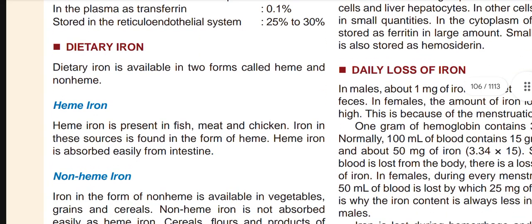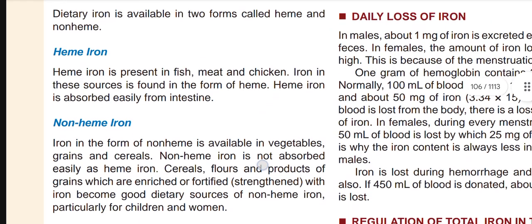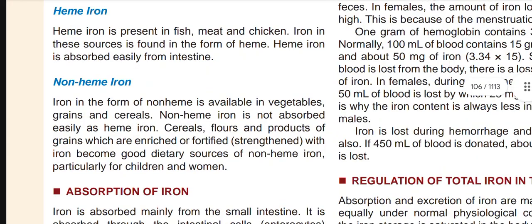Then dietary iron. Dietary iron is available in two forms called heme and non-heme. Heme iron is present in fish, meat, and chicken, and heme iron is absorbed easily from the intestine.